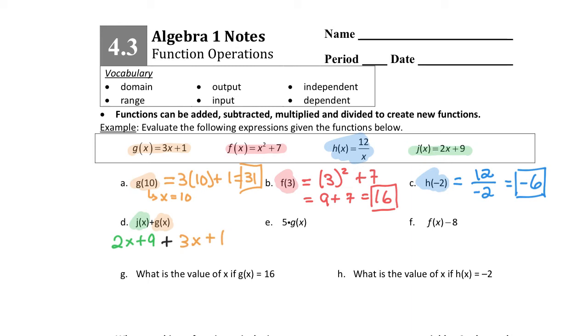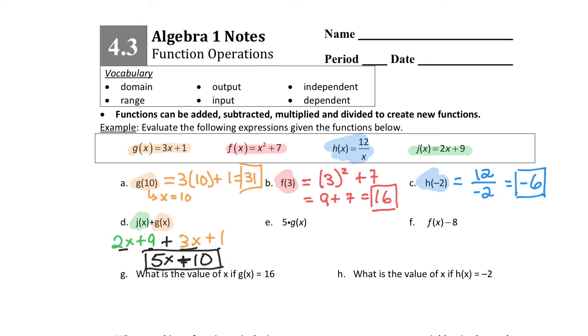Now, this is where sometimes students get confused. Notice there's no equal sign here, so we're not trying to solve. So don't add the opposite. We're just going to combine any x's and any constants. This is just simplification, not solving. So I'm going to get the 2x plus the 3x, which is 5x, and then 9 plus 1, which is positive 10.